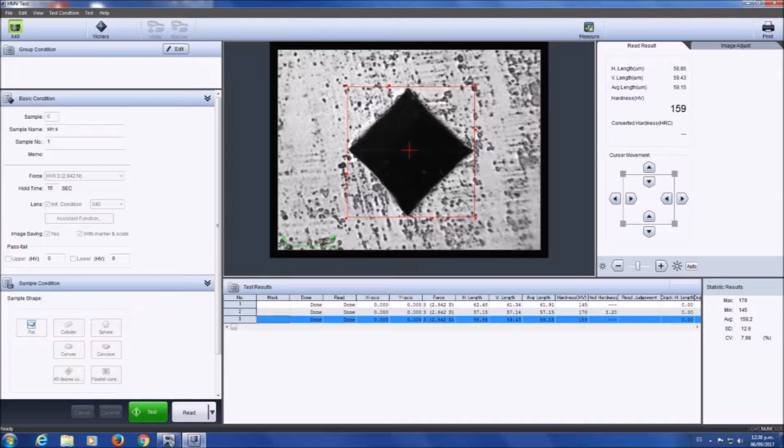In the second image we can see the proofs for the normal plate, and the highest hardness is 170. That is lower than the lowest proof of the weld zone.